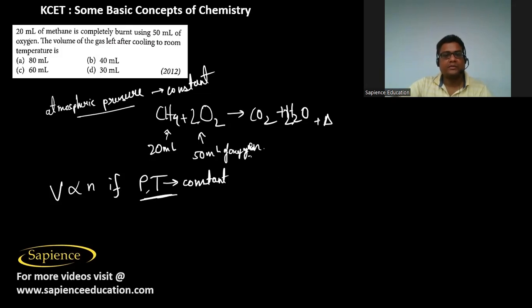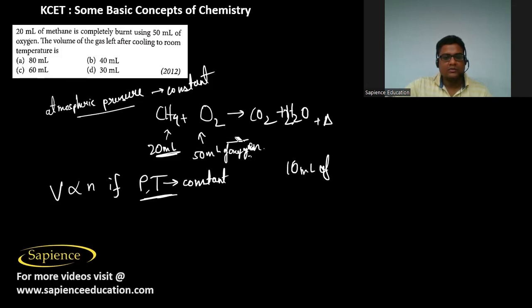So it means 20 ml of CH4 will react with 40 ml of oxygen. So it means 10 ml of oxygen will remain. So here there is something wrong. Sorry, this will be O2.